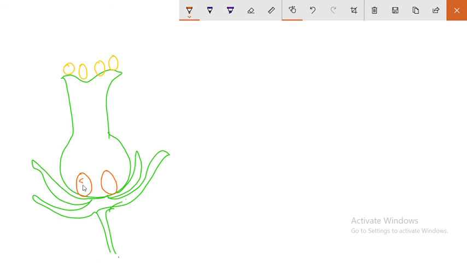It has S1 and S2. Similarly here also S1, S2. It will not fertilize.